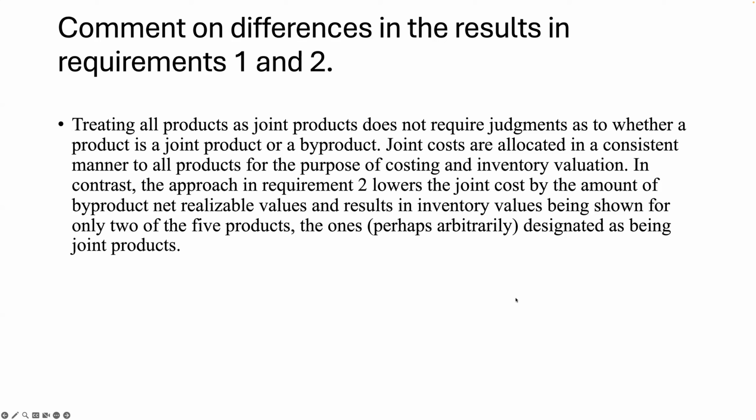So that's what we did, right? So you consider that all those low valuable byproduct has been sold, and that will reduce your cost, and your inventory only shows that joint product.